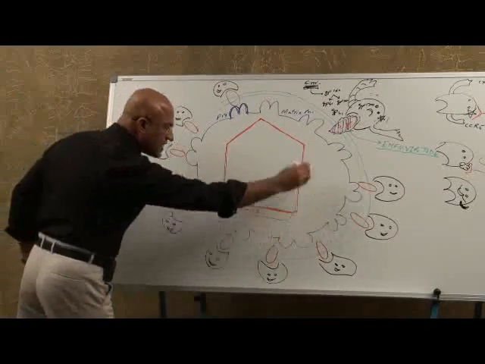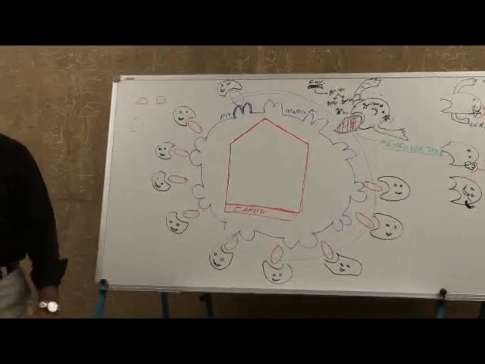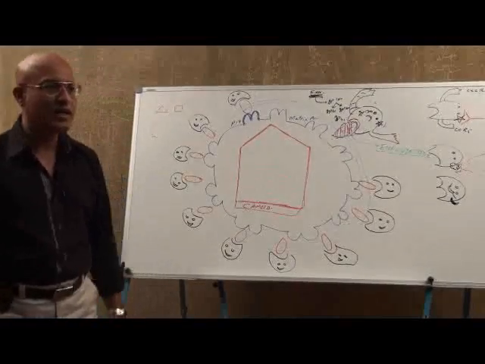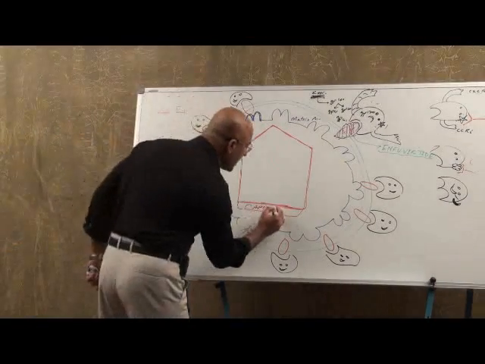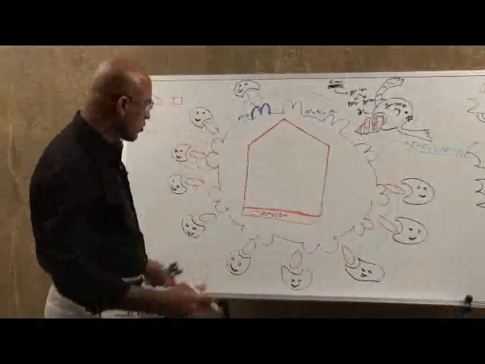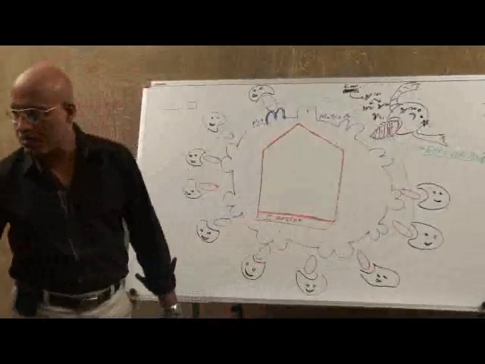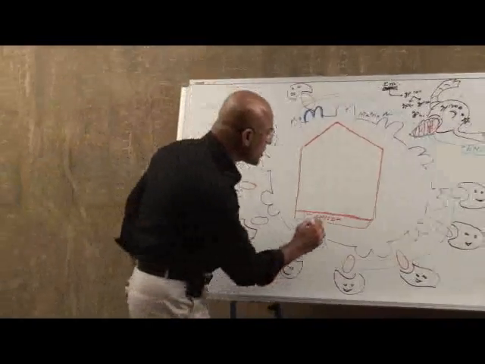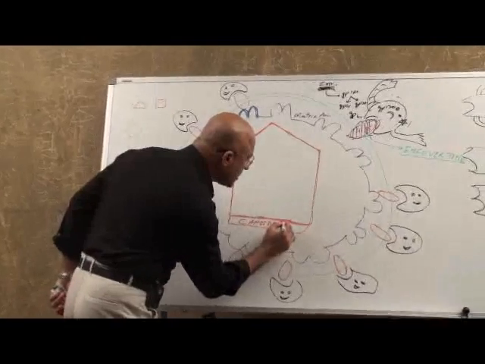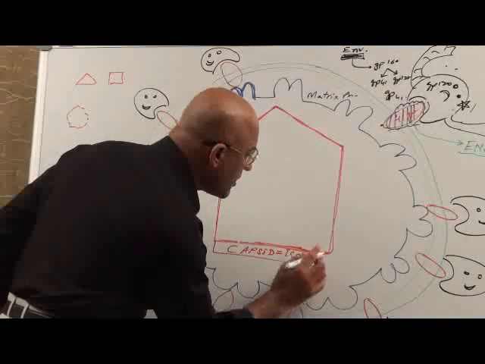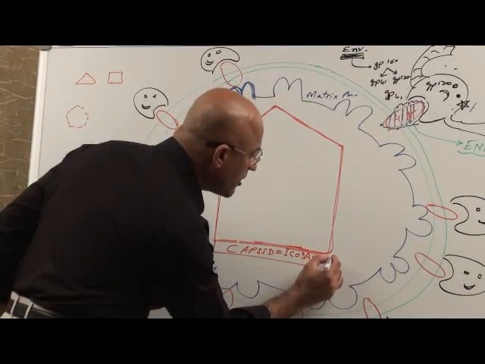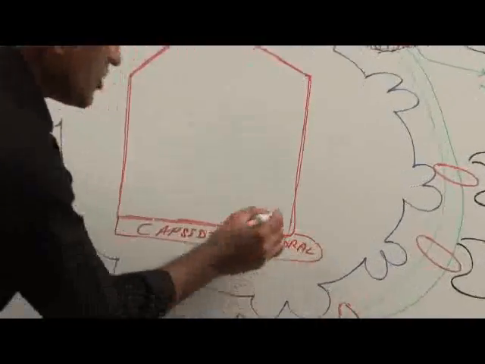Because it has 20 sides, it is called icosahedral. Under the electron microscope, the capsid looks like a cone shaped structure, but actually it is icosahedral.